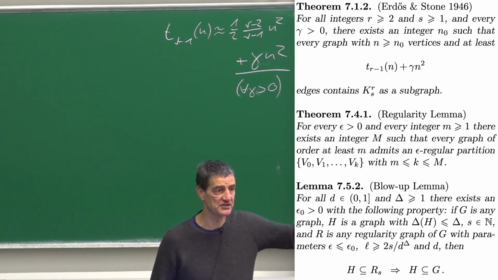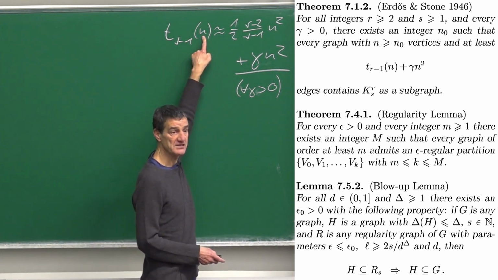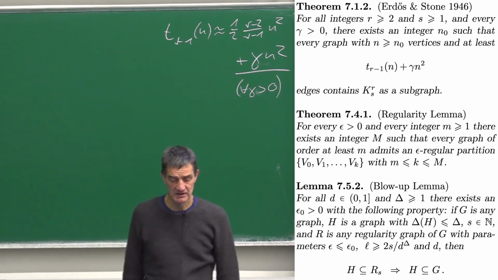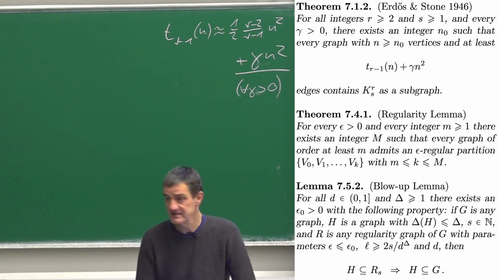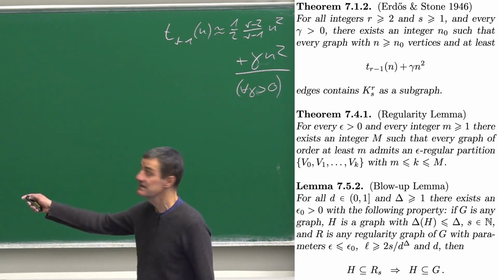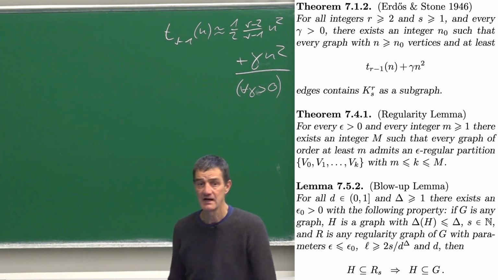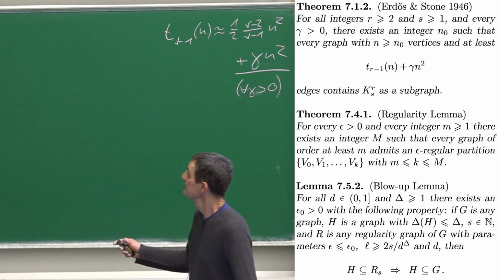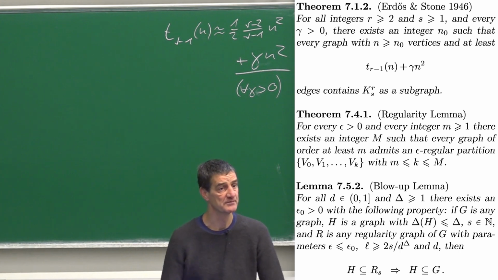More than the Turán number, not in n, but in the number of vertices that R has, which is k. So we want R to have enough edges that it contains a Kr. And if it contains a Kr, then R(s) contains a K_r(s), by definition. And then our lemma, the blow-up lemma, baby version, tells us that if K_r(s) lives in this R(s), which it does, it also lives in G. And that's the proof.